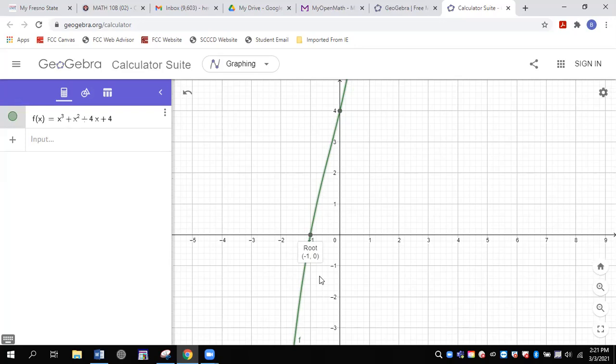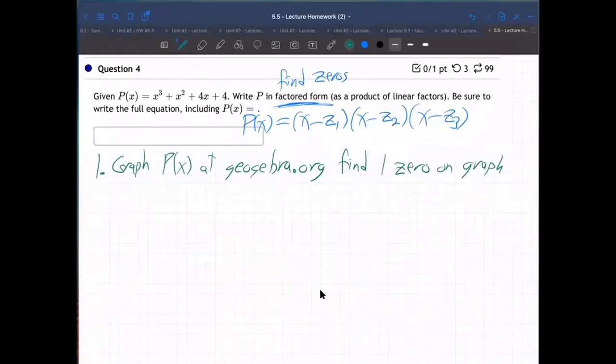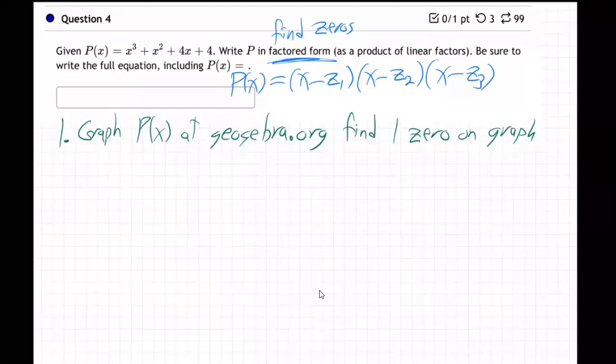All right, let's get back to work over on the iPad again. Okay, so now we found x equals -1 is the only real zero. The other two are going to be imaginary. So, okay, what does that mean? Now you do synthetic division, right?